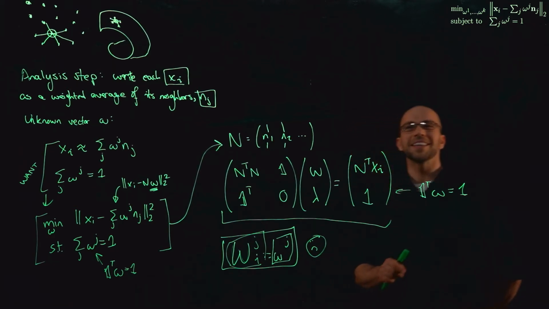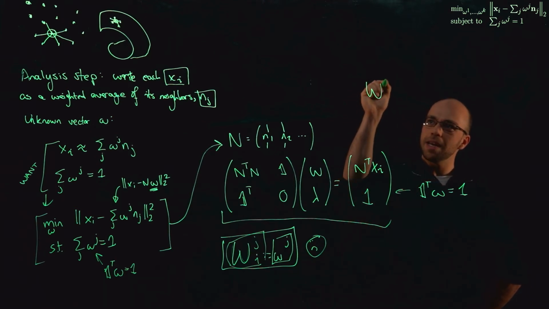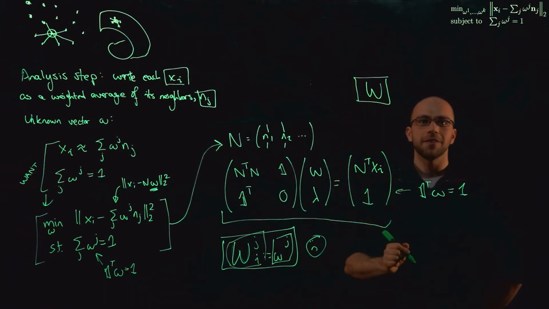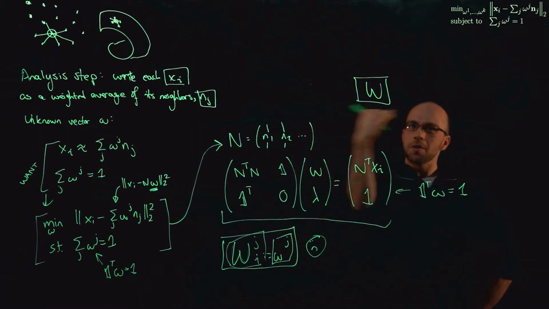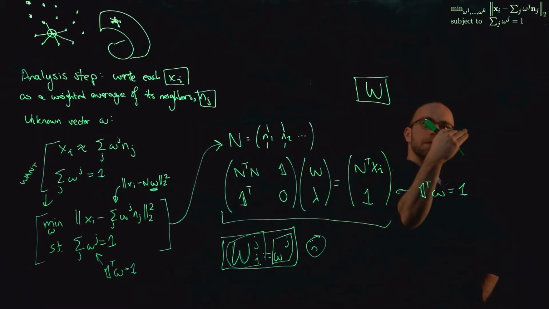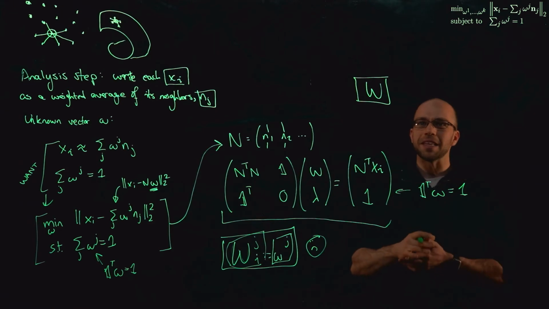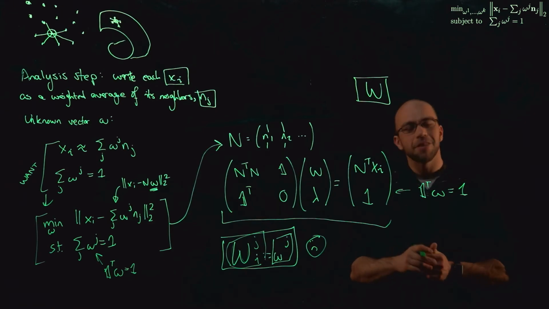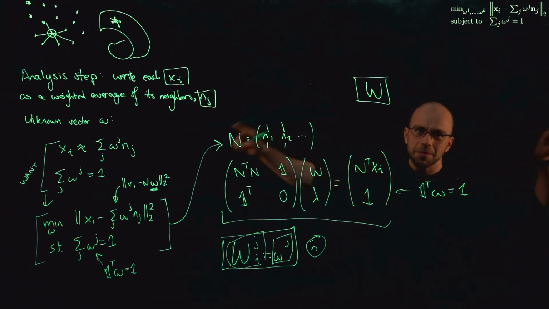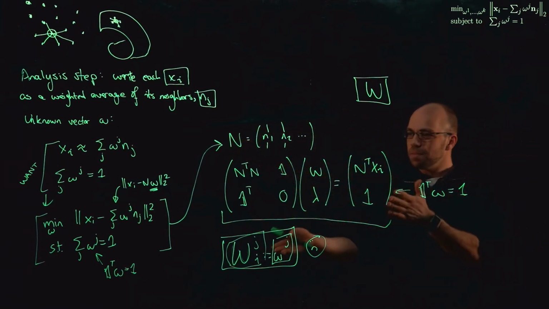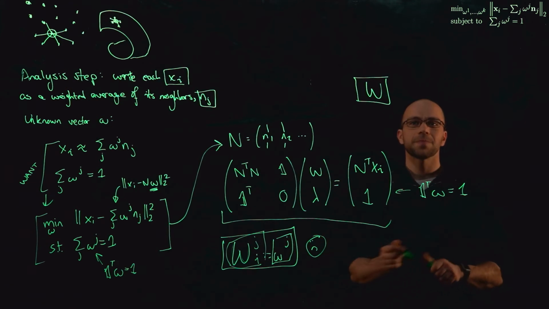But in any event, the point here is that I get this matrix W. That's the main output of the analysis step of LLE, and every row of W is non-zero corresponding to the set of k nearest neighbors for that vertex. And the row sums up to 1 and gives us averaging weights computed using this problem here.